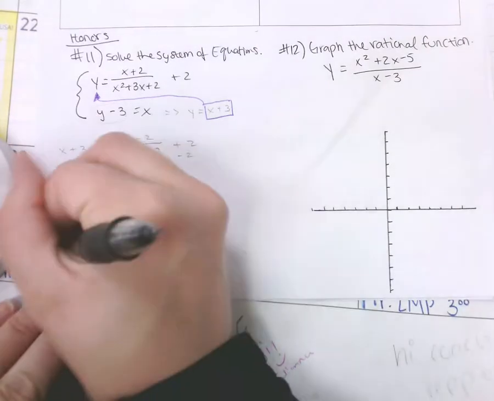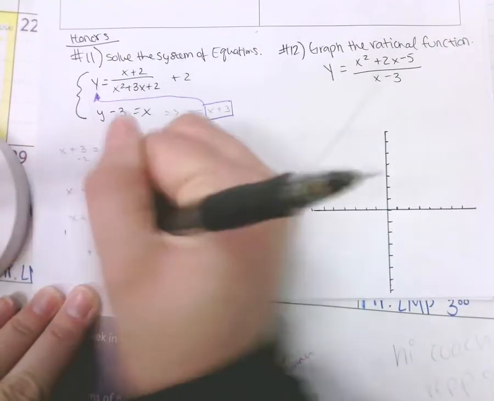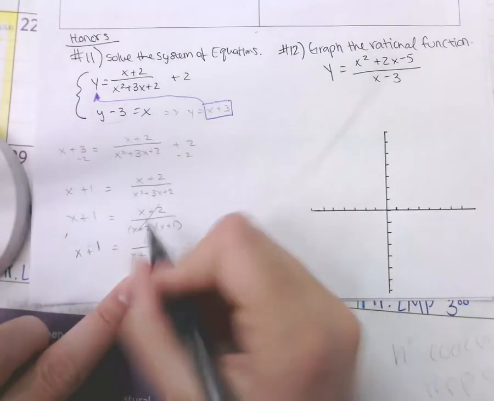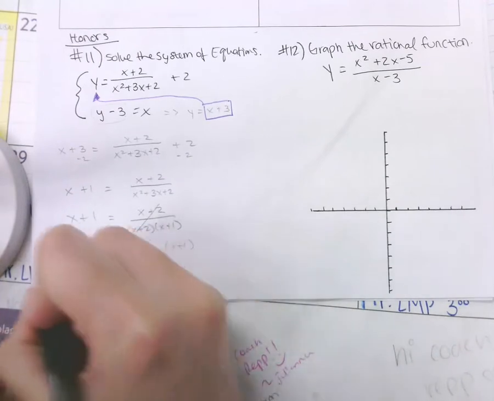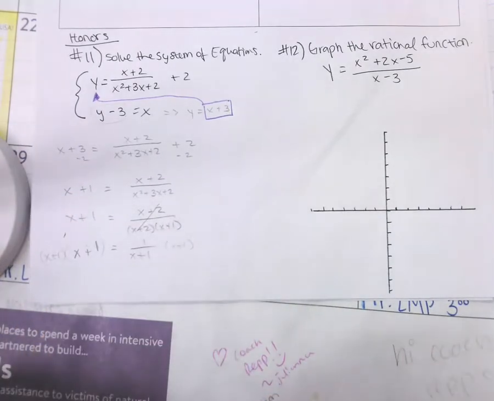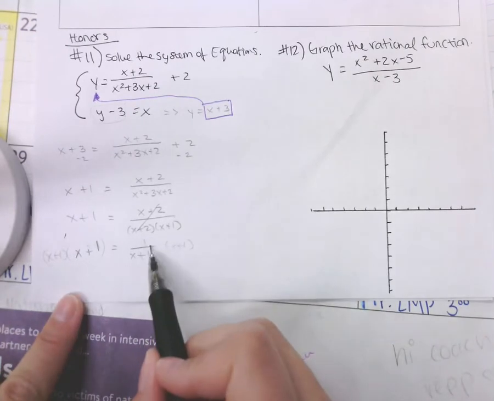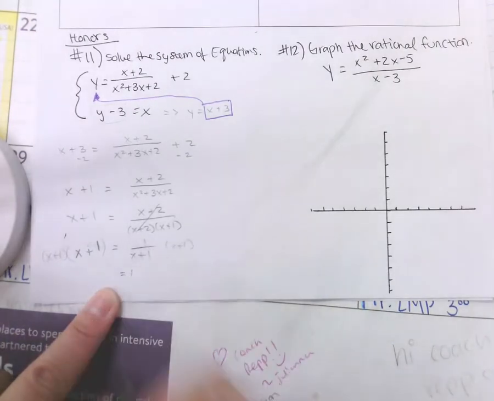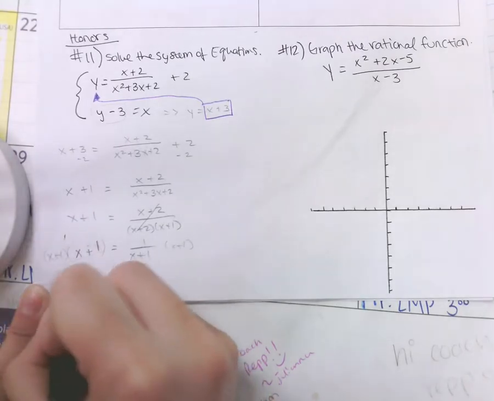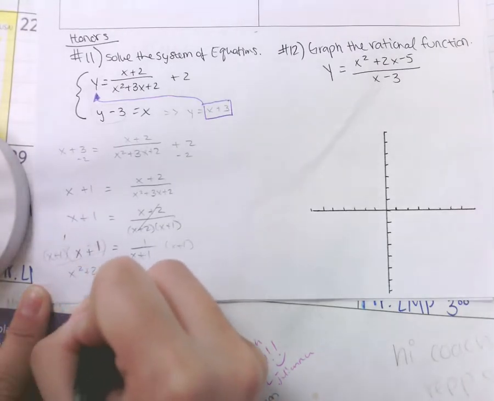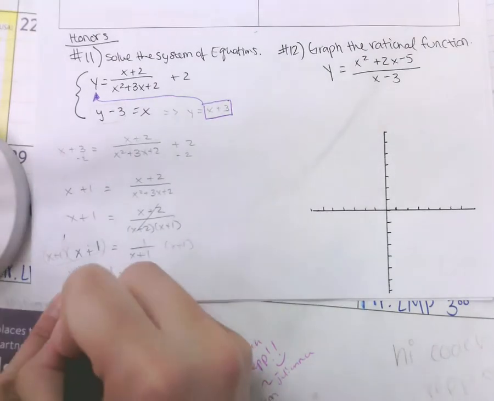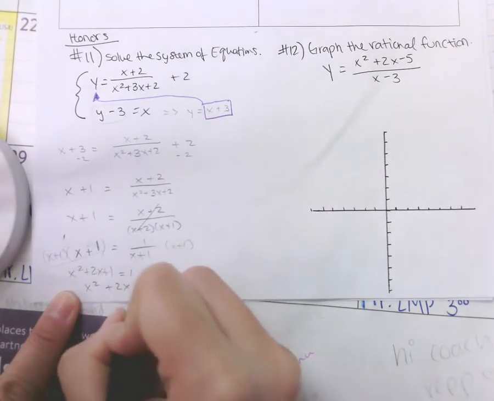I think what I would do is multiply both sides by x plus 1. On the right side, these would cancel and you'd just get 1. On the left side, you'd FOIL these out and get x squared plus 2x plus 1. Then just subtract 1, you get x squared plus 2x equals 0.